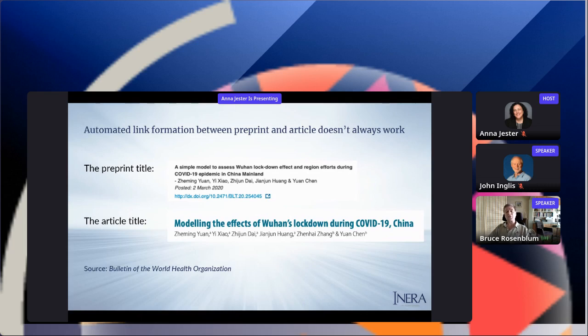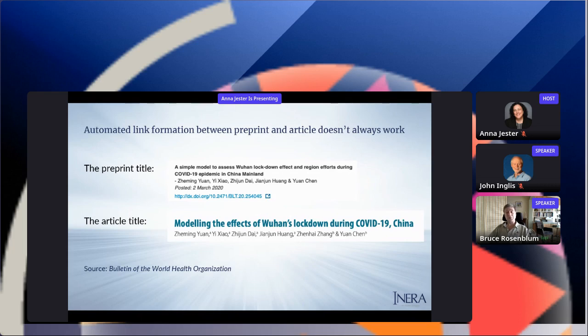Well, if in the process of either submission of that article or publication of that article or in the editorial process, a significant change happens in the title, Crossref's system for matching will fail. And so here's an example of a preprint title that appeared in March of 2020, and the final published article title was so significantly different that it wasn't possible for Crossref to make that linkage.